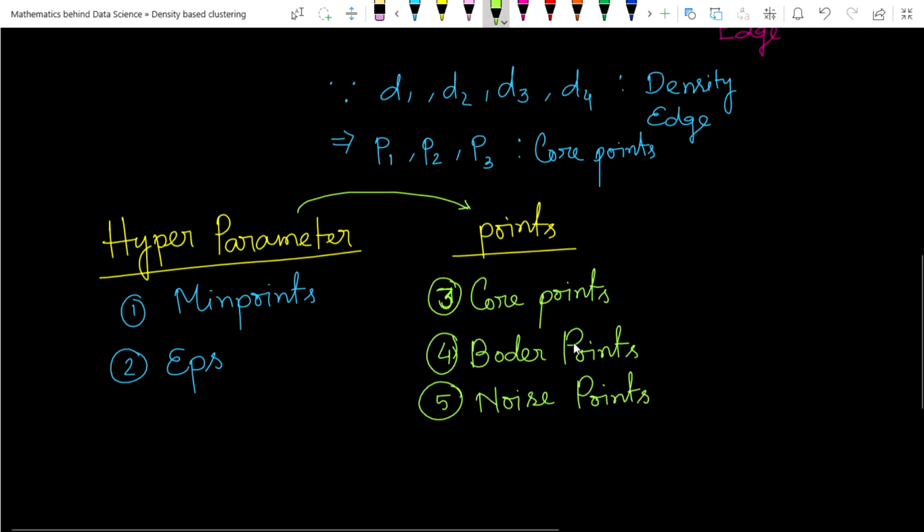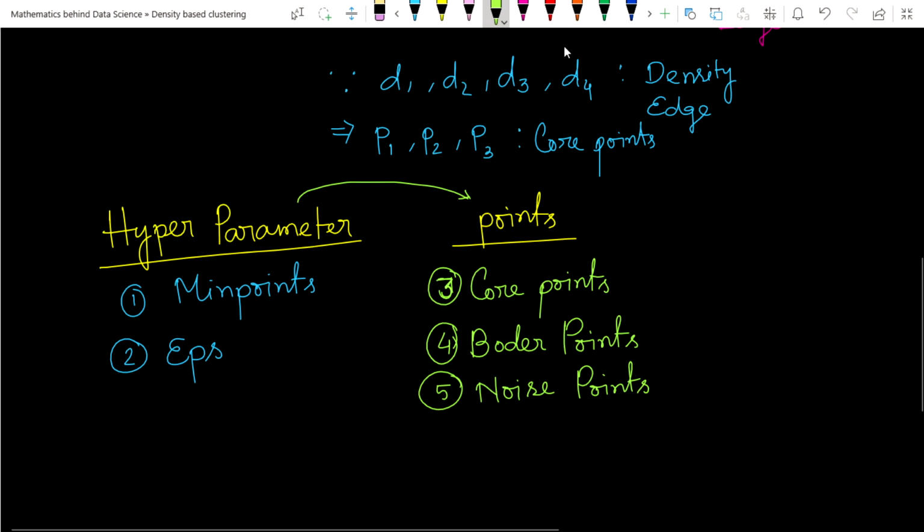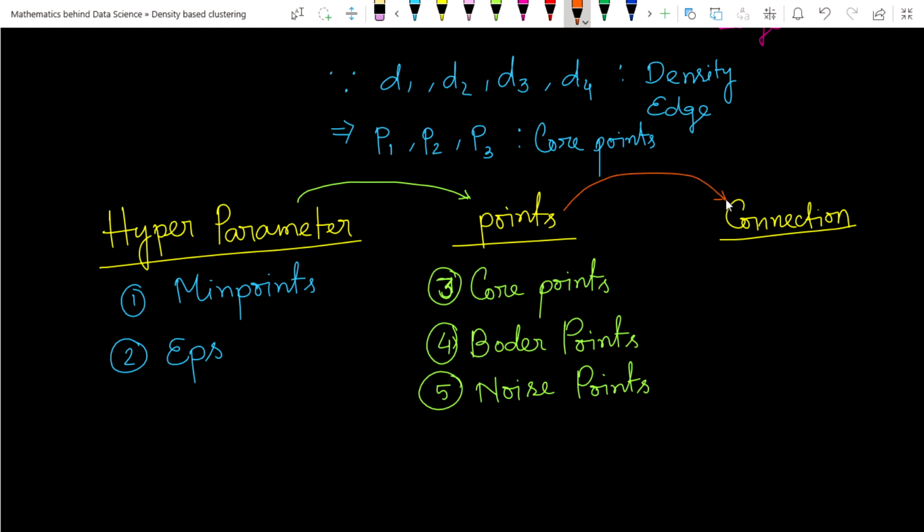Now in this lecture we have seen the concept of connections. I think it will be better language, we use this word, connections. By simply using these points, we have built the connection.